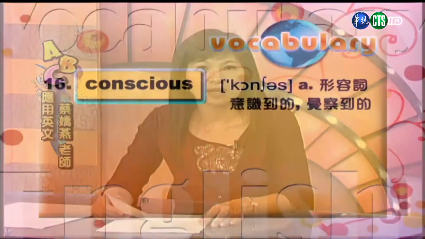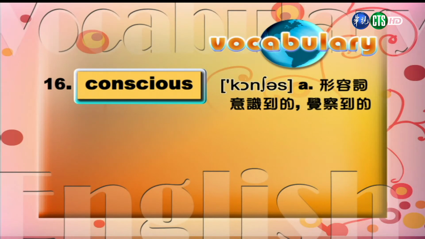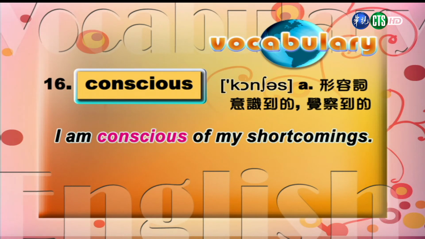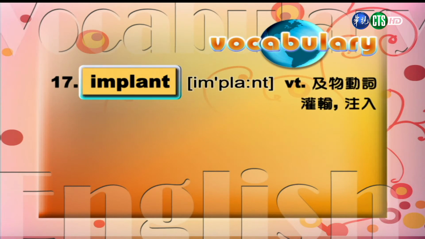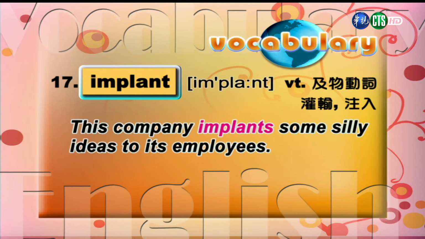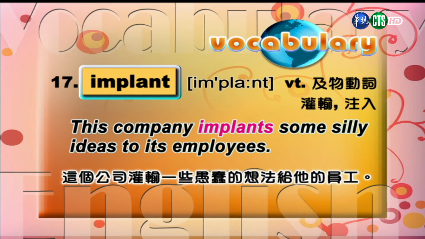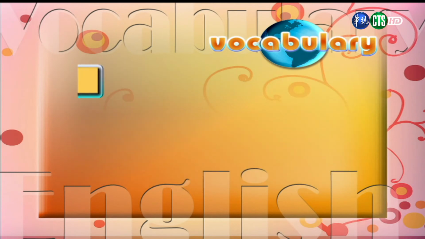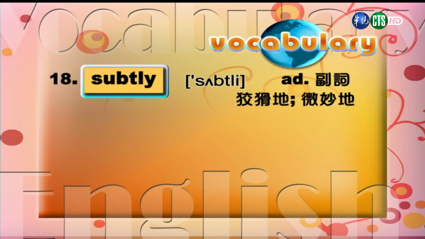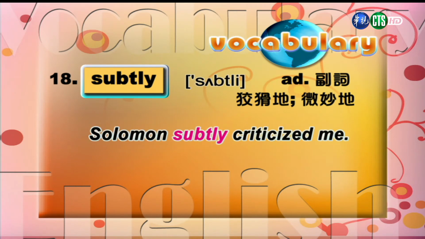Number 16, conscious, adjective. 形容词，意识到、察觉到的。 I'm conscious of my shortcomings. 我意识到我的缺点。 Number 17, implant, verb. 动词，灌输、注入。 This company implants some silly ideas to its employees. 这公司灌输了一些愚蠢的想法给他们的员工。 Number 18, subtly, adverb. 副词，狡猾、微妙的。 Solomon subtly criticized me.